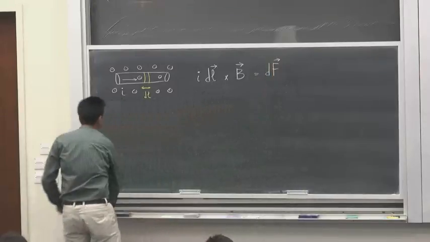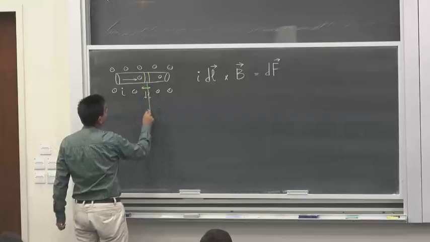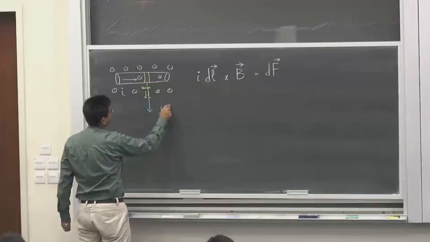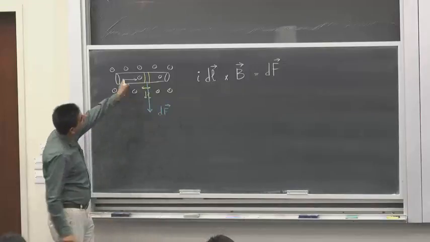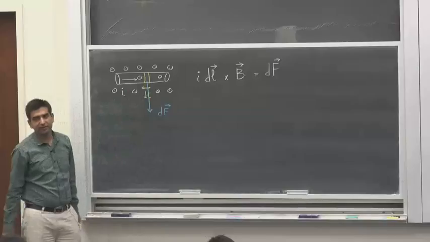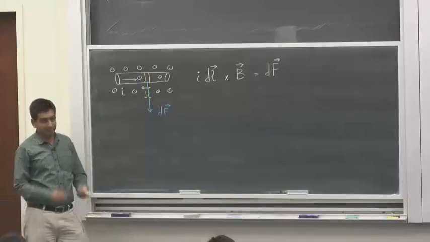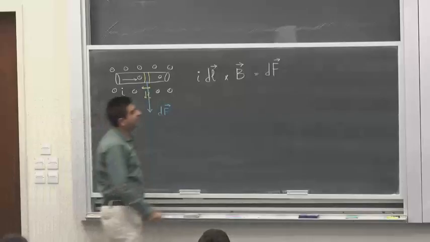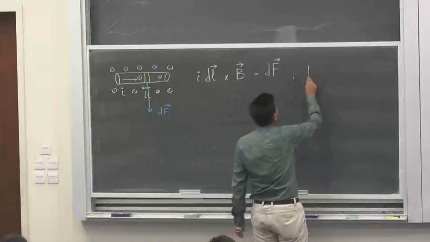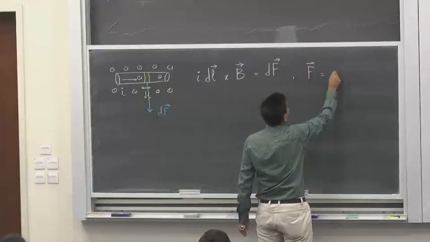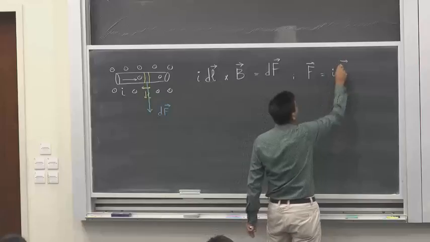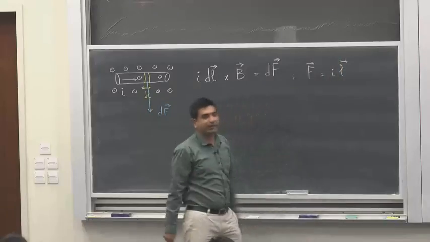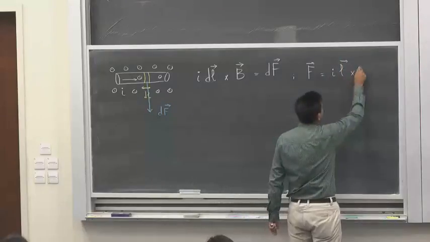So the force on this element dF is going to point in the downward direction, and likewise there will be a force on each one of these sections. So this entire piece of wire will experience a magnetic force, and that magnetic force will be given by I L, where L is the total length of this piece of wire, crossed with B.